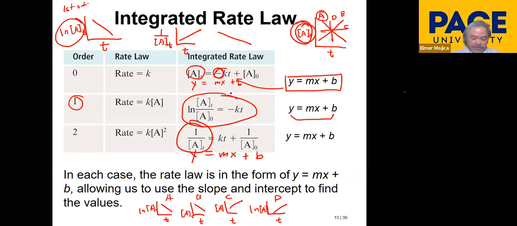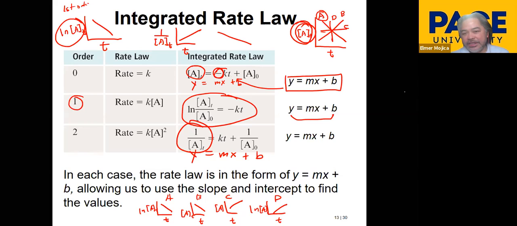You have a set of data, time versus the absorbance, and then you're going to plot them. Plot in the first order, the second order, and the zero order, and the one that gives you the highest R squared is usually the order of the reaction.